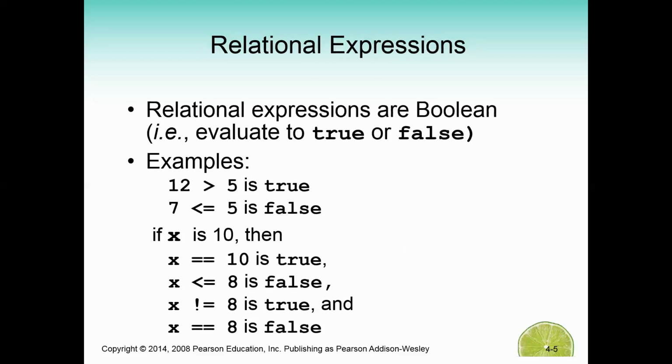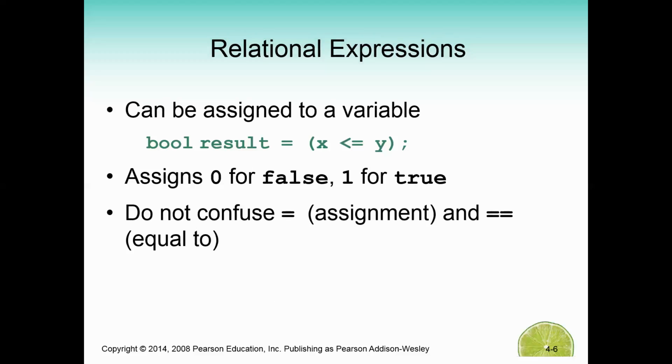The result of evaluating the expression will always be either true or false. So we're going to have a Boolean value as the result. It will always be 1 or 0. It's just one bit that results from the evaluation of the expression.